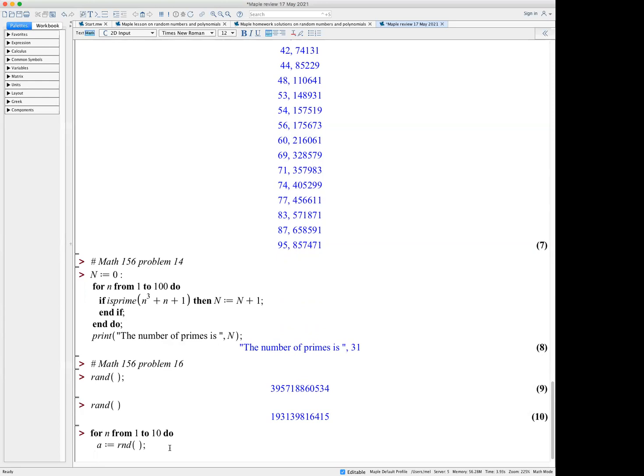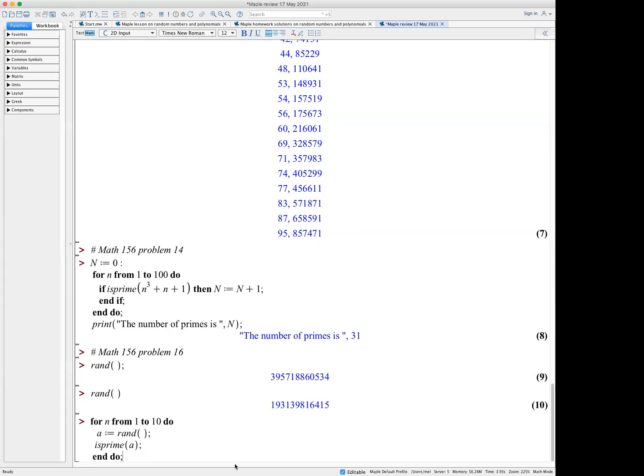And then just isprime of a. So this should be rand. So what this program should do is produce a random number and say true or false whether or not it's prime.